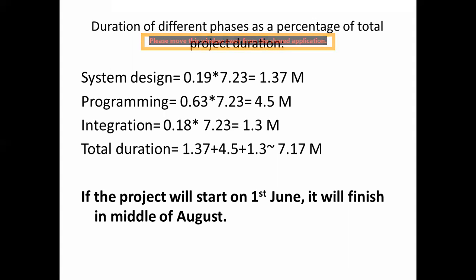That is the initial effort estimate, or a phase wise distribution of the effort, or finally the duration and phase wise distribution of the duration. So in this way, you can calculate all these terms.